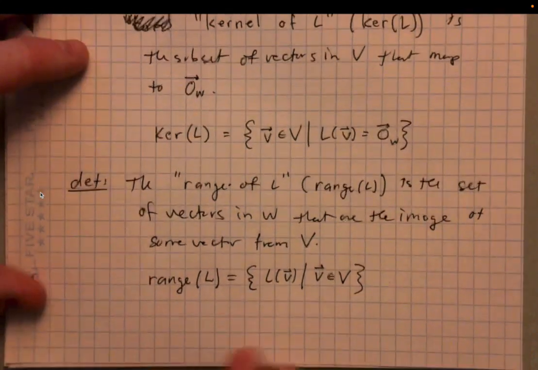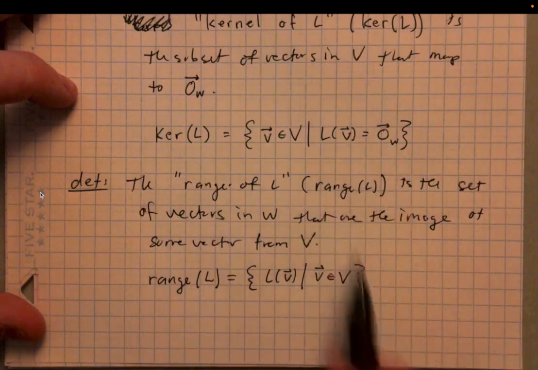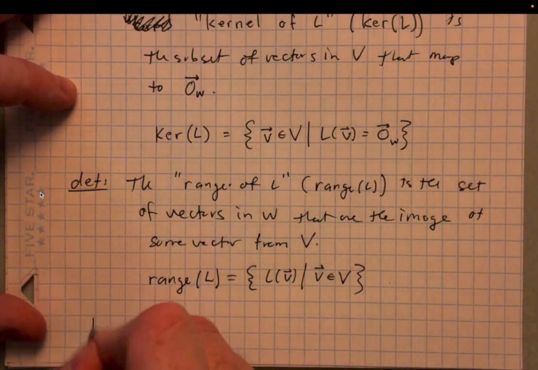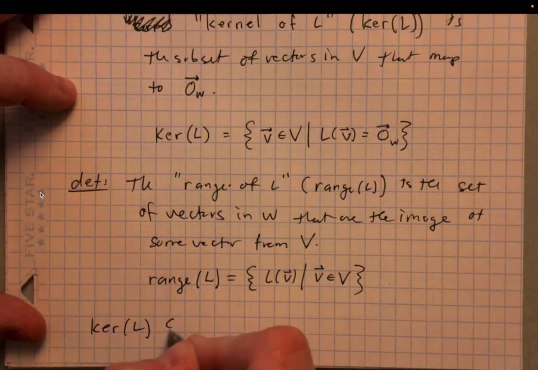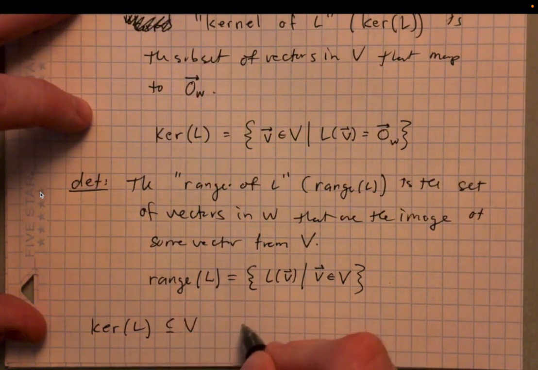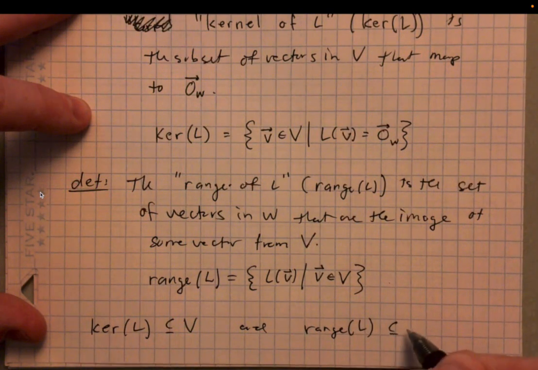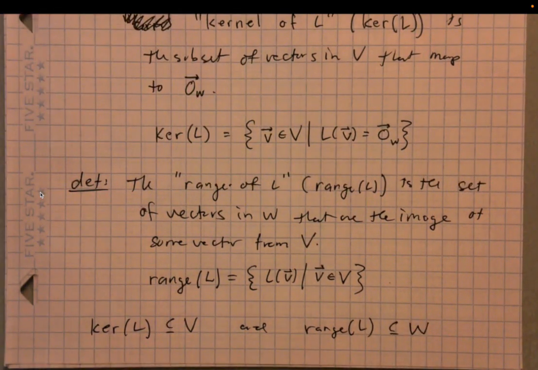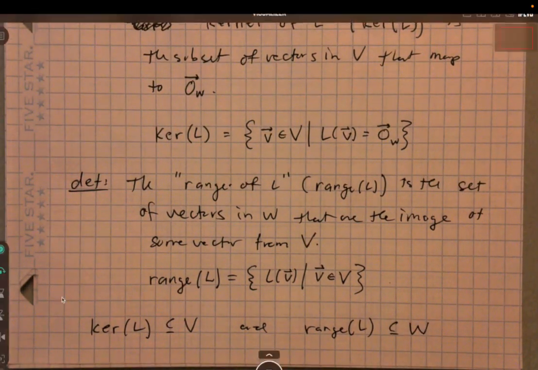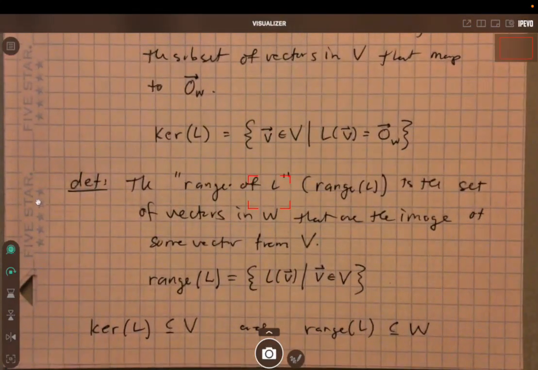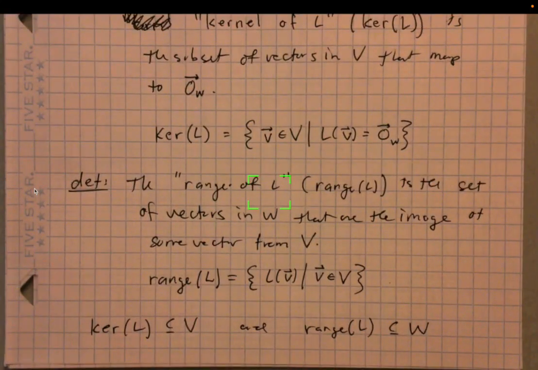Important to keep in mind, and maybe you can see this clearly by the way this is written out, the kernel is a subset of V, and the range is a subset of W. So we want to keep straight that the kernel is all the elements in V that map to 0, so it's a subset of V, and the range is all of the vectors in W that are the image of some vector from V. So it naturally is a subset of W.